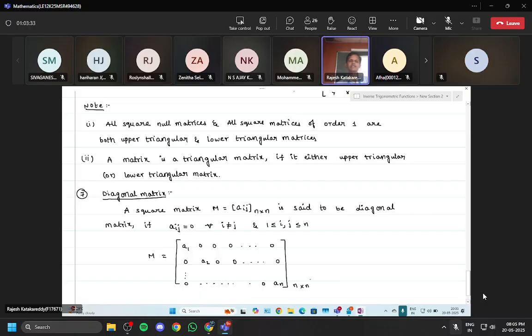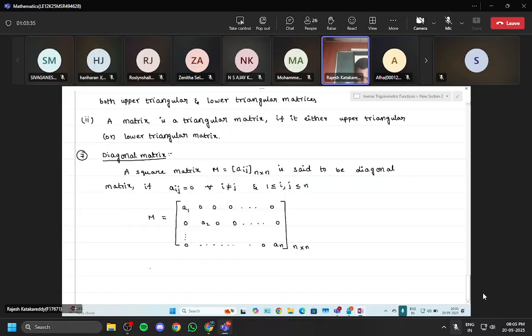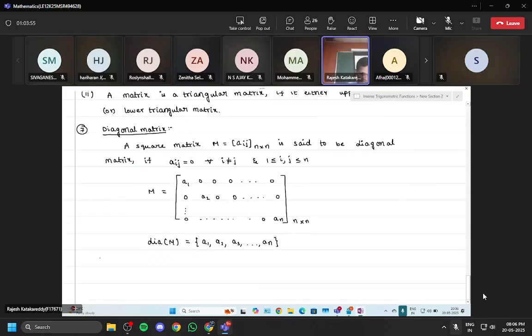We can also denote the diagonal matrix as diag(M) = a1, a2, a3, going till an. We are just writing the principal diagonal elements. That is another way of representing a diagonal matrix. Clear? So some examples of diagonal matrix: [1, 0; 0, 2]. This is a second order diagonal matrix.